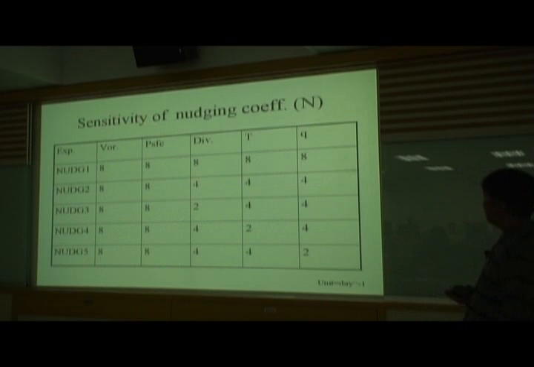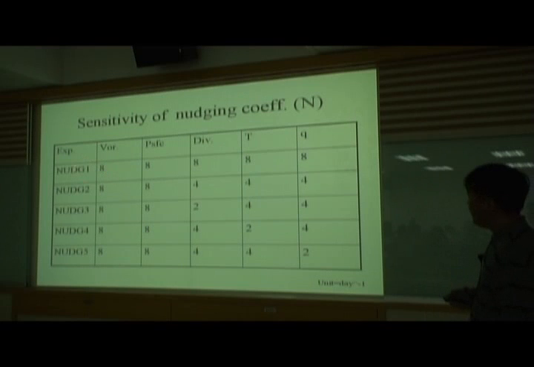So we conducted sensitivity testing. We conducted 5 experiments. 8 means day inverse. This is actually proportional to the relaxation time scale. So the inverse of this is the e-folding time scale of nudging.